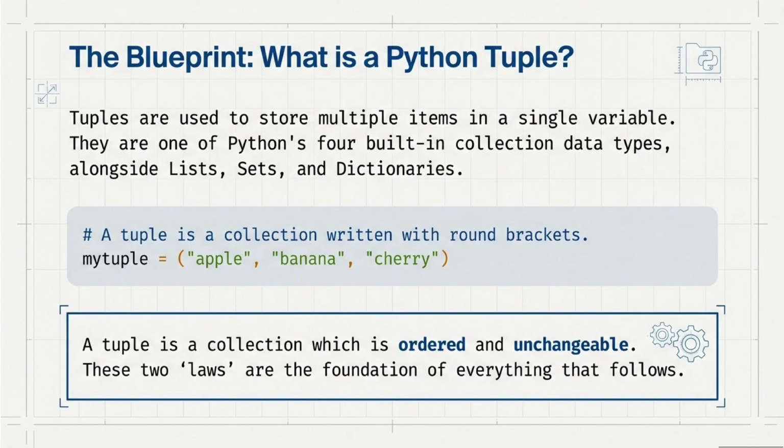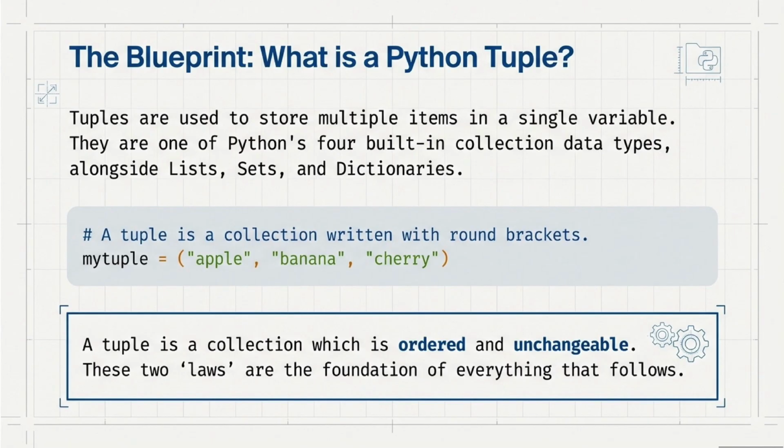The order matters. Python remembers that apple is the first element, banana the second and cherry the third. You can access these values using indexing, just as you would with a list. For instance, my tuple of 0 will return apple.